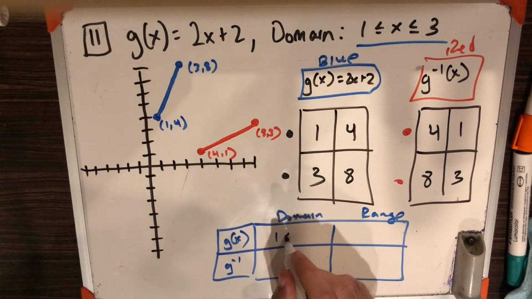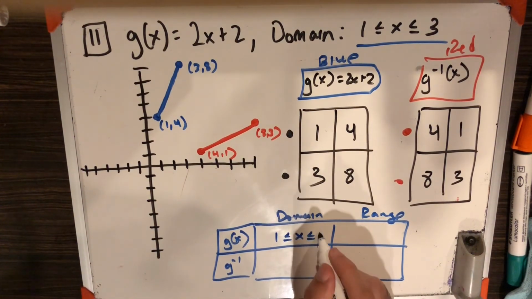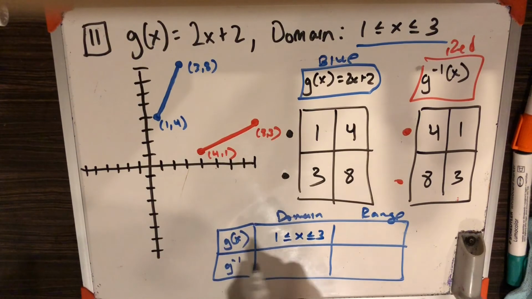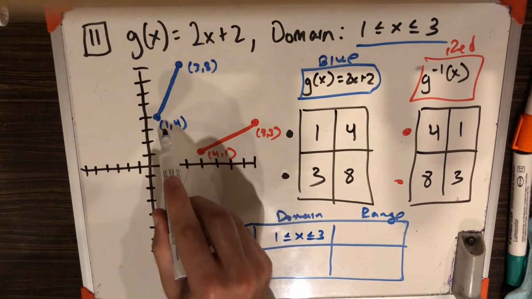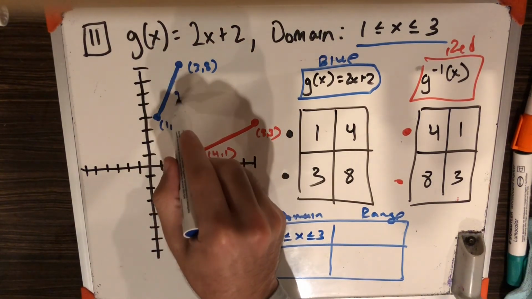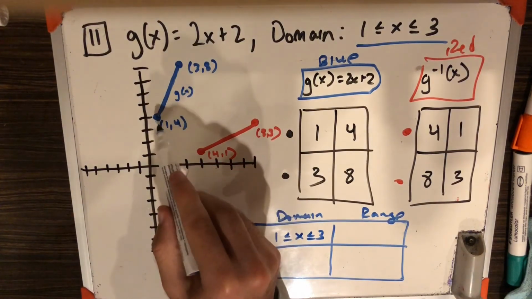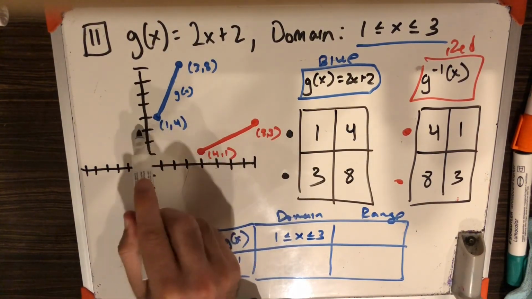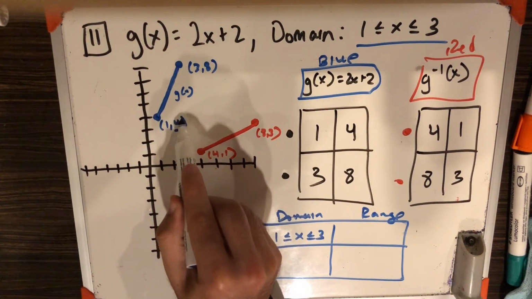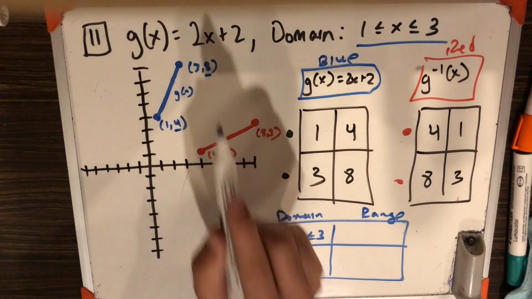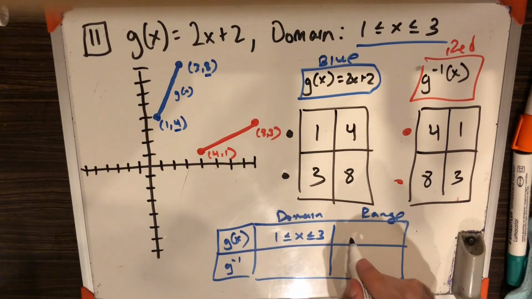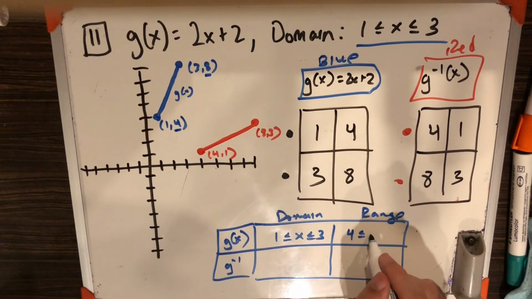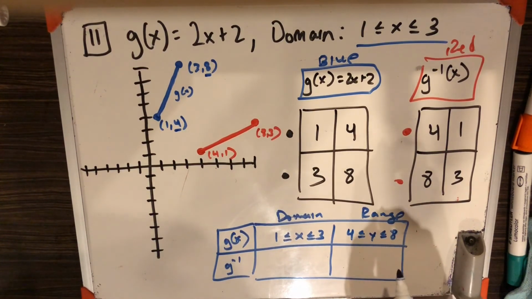That's between 1 to 3. Let's figure out our range. Again, this is in blue for g of x. So our range, right? The bottom of this line is at 4. The top of this line is at 8. So the range is 4 to 8, right?